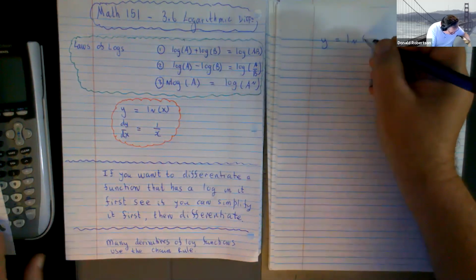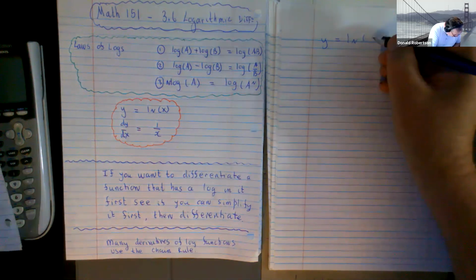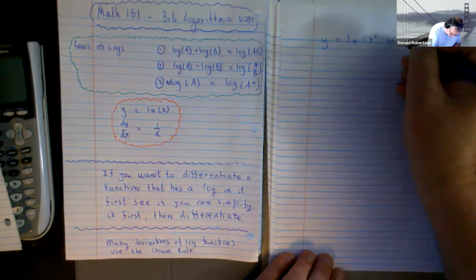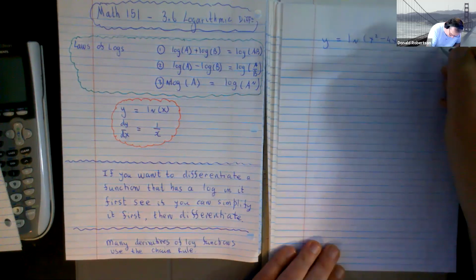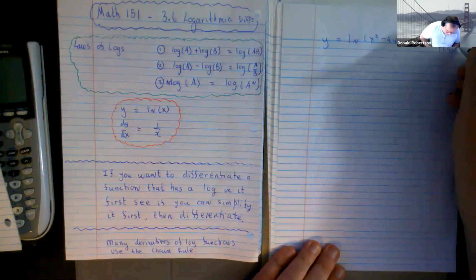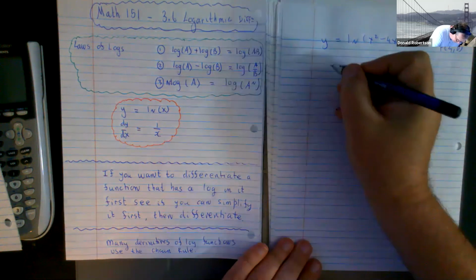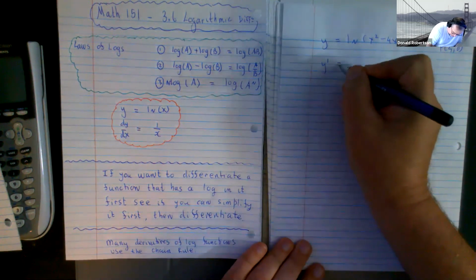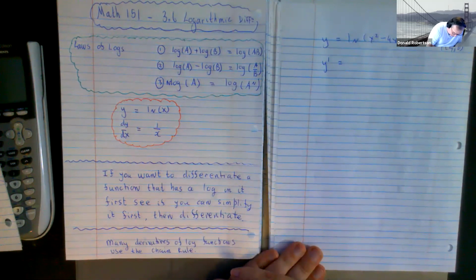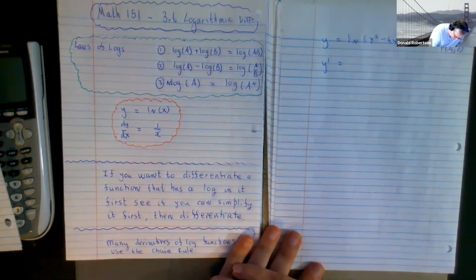That's not the one I'm going to do. There we go. We're being asked to find the equation of the tangent line to this log function at the point (4, 0). If you want to find the equation of a tangent line, you start by finding the derivative.